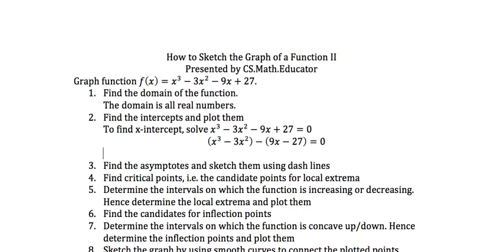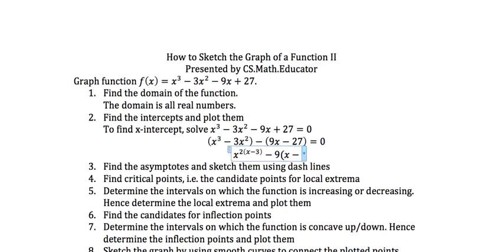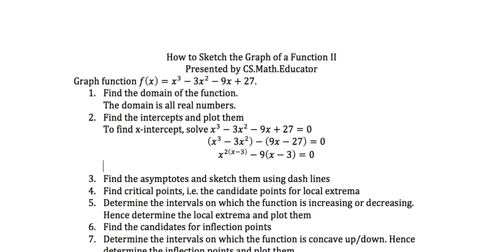Now we can see each group can be factored. For the first group, I can factor out x^2, then I have x - 3 left. For the second group, I factor out -9, and I have x - 3 left. Then we know x - 3 is a common factor of both groups, so I can factor x - 3 out.